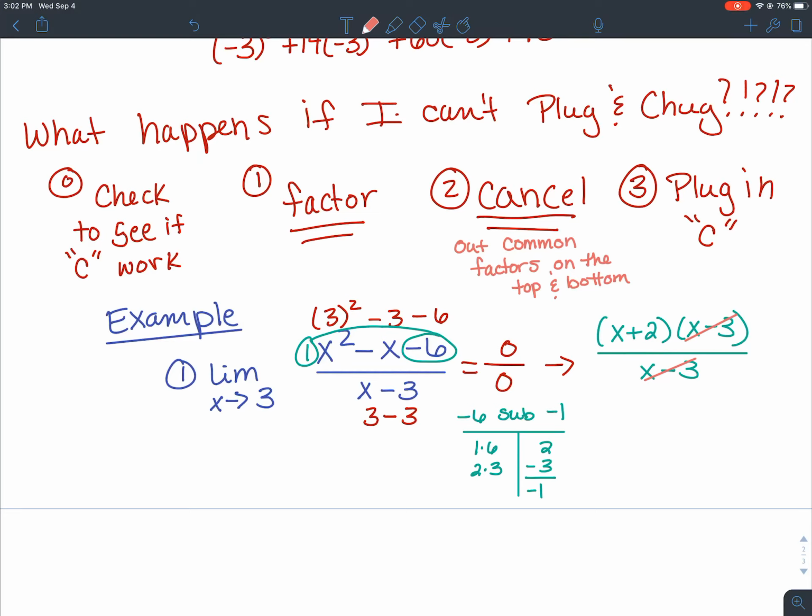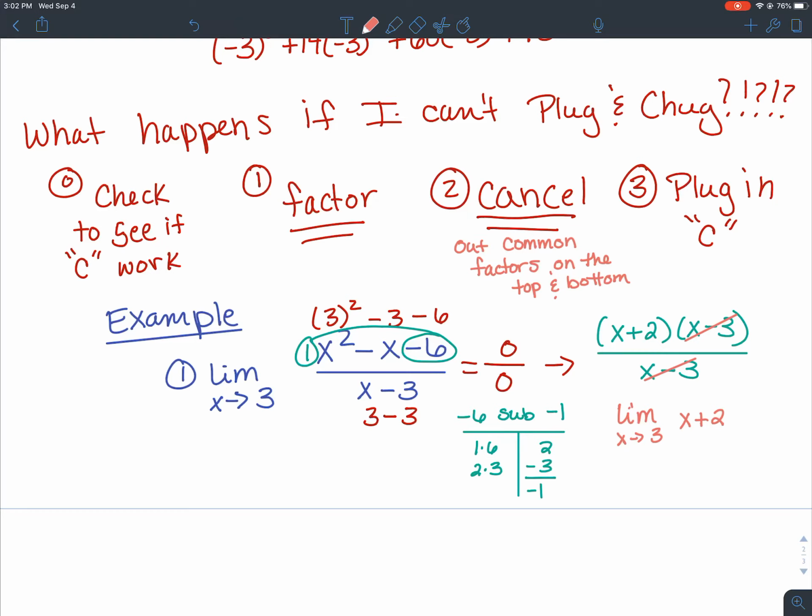Okay, so then I'm just left with, so I've canceled, I did step 2. The step 3 is plug. I always like to rewrite my limit. You don't have to. The limit as x approaches 3, but it's now just for x plus 2, because that's what I have left.